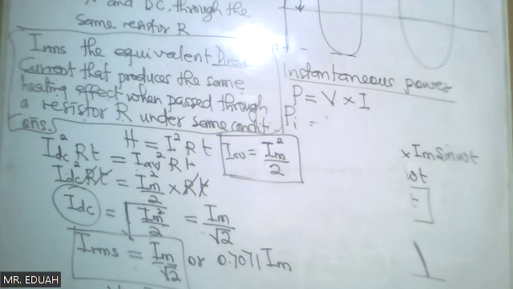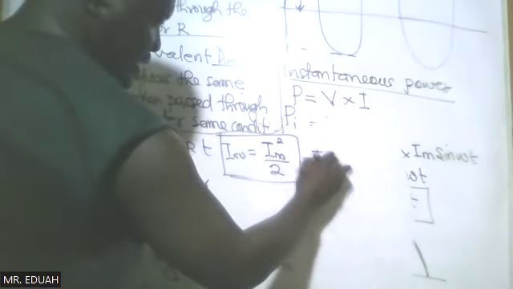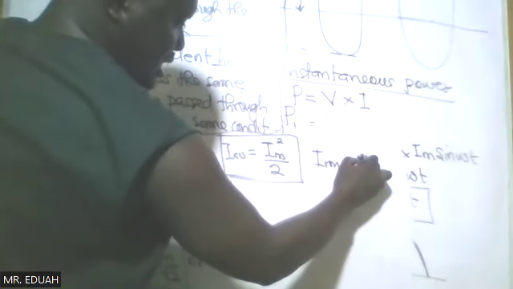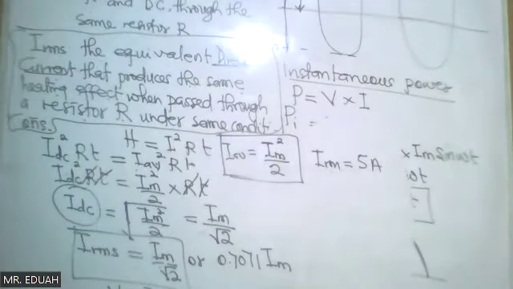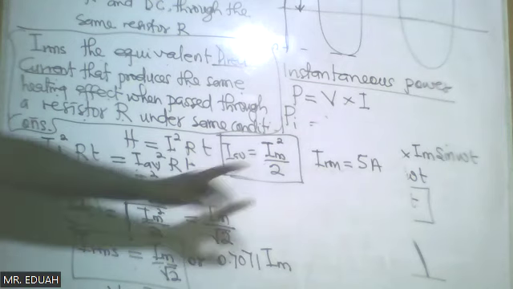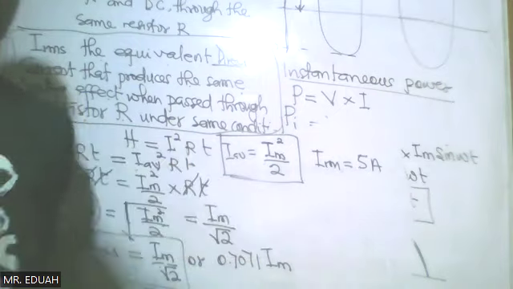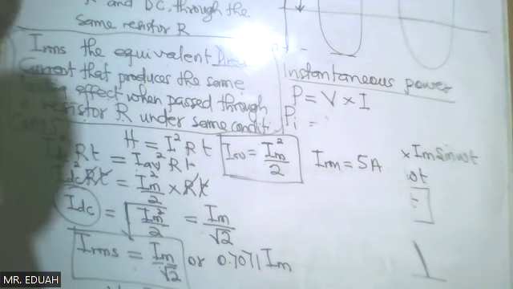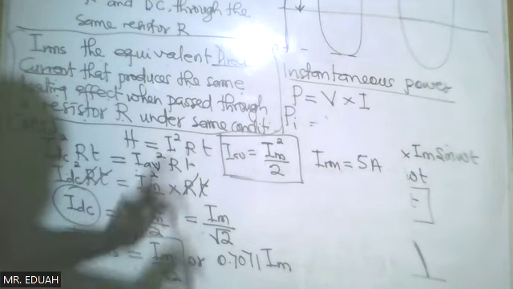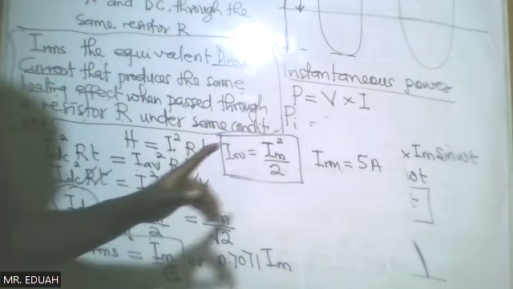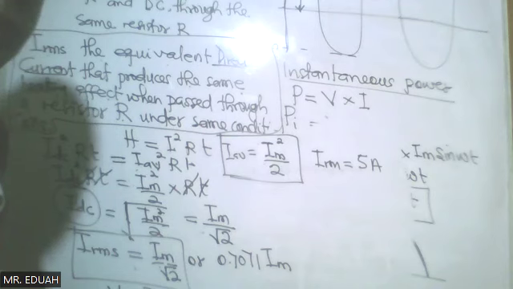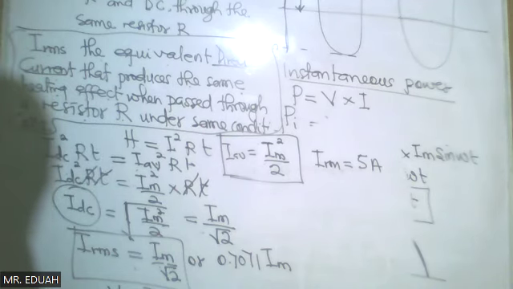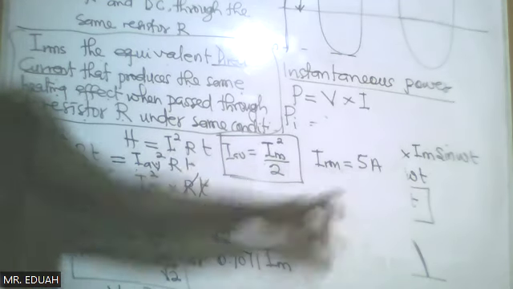So if root mean square current, I_RMS, is, let's say, 5 ampere, what it simply means is that, under the same condition, the equivalent DC, which will produce the same heating effect as the AC when passed through a resistor, is 5 ampere.